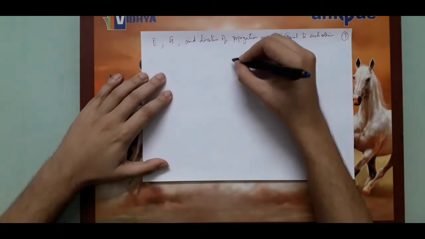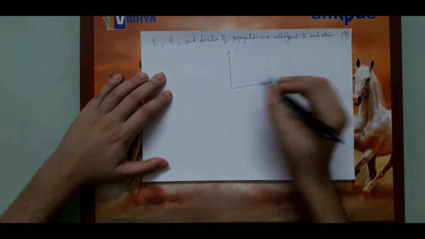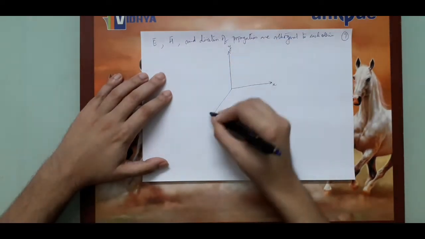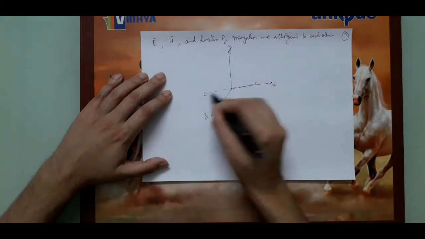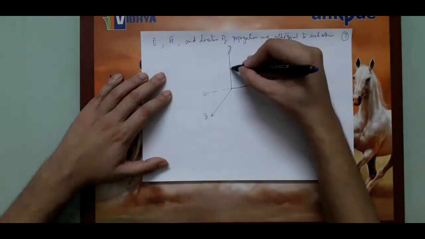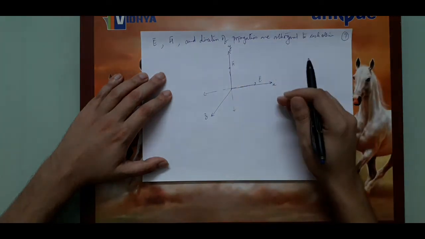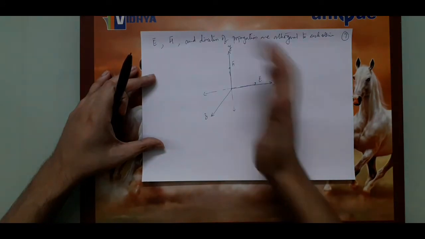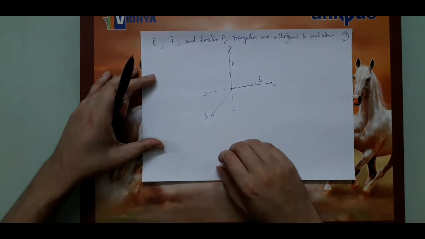So if you recall, a couple of classes back we had actually defined this way. Let us say this is the x-axis, this is the y-axis, this is the z-axis. So if the electric field vector essentially changes over here and the magnetic field vector changes along the y-axis, then the cross product of E and H will essentially point towards the z-axis.